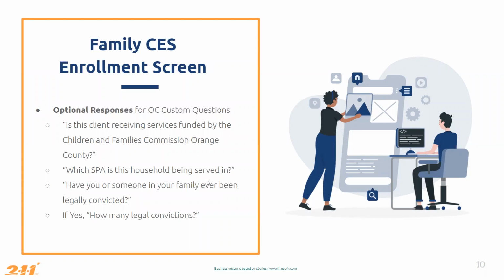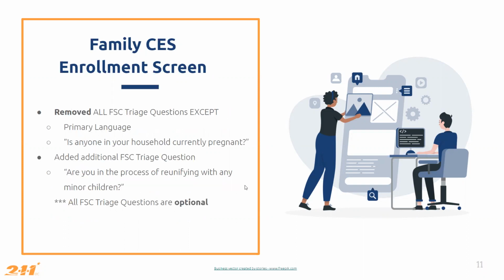For the family CS enrollment, the following custom questions have been made optional. So these questions will no longer require a response in order to save the enrollment. For all the Family Solutions Collaborative triage questions, all of them have been removed except for primary language, and also the household pregnancy status.